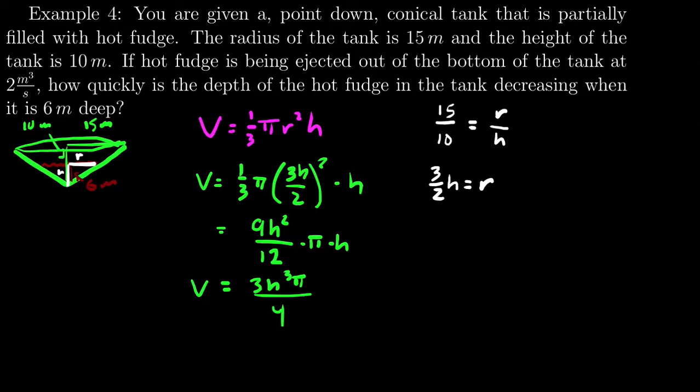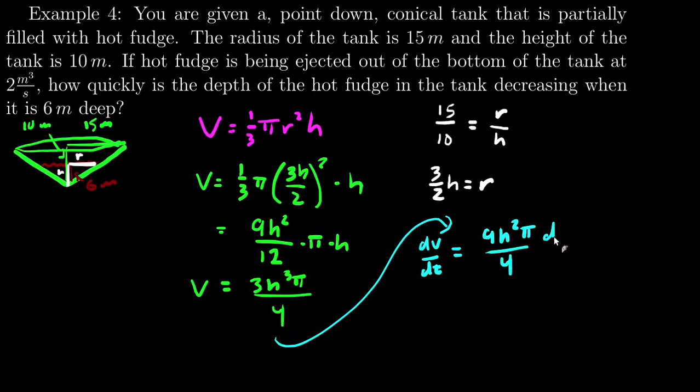Now I can do the work. So I can now take the derivative, dV/dt, and the only varying part here is h cubed, so I take the 3 out, change the 3 to a 2, so I will have 9h squared pi over 4. I need to include a dh/dt because I'm taking the derivative with respect to t. And I can plug in everything now.